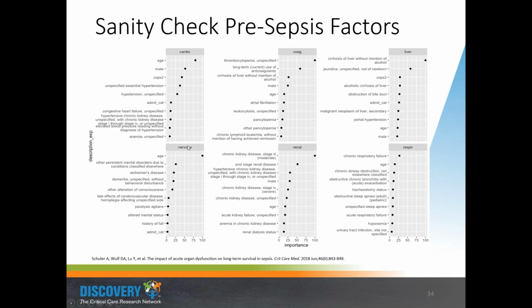What was interesting was when you look at nervous system, so this is a GCS measurement, age was number 1, but also other persistent mental disorders, Alzheimer's, dementia, other dementia, history of altered level of consciousness, late effects of a stroke, paralysis agitans.